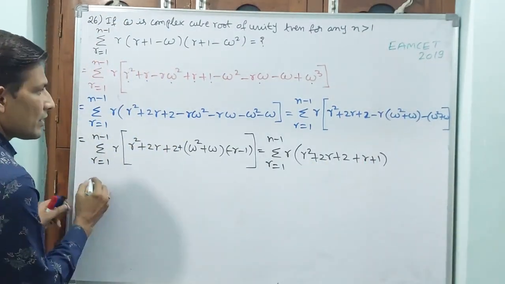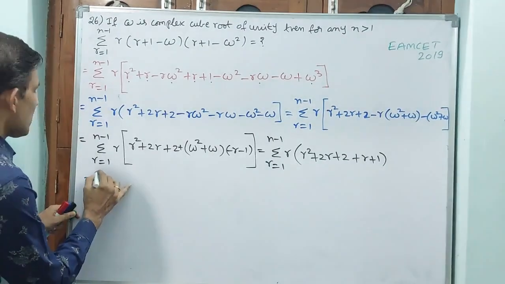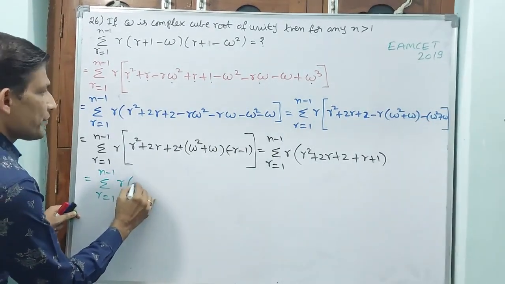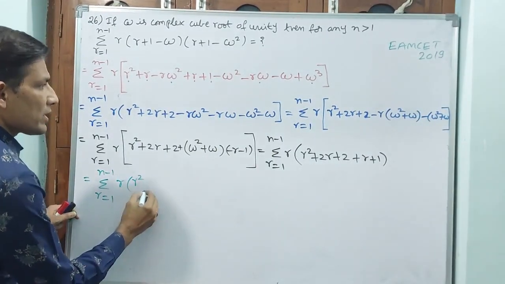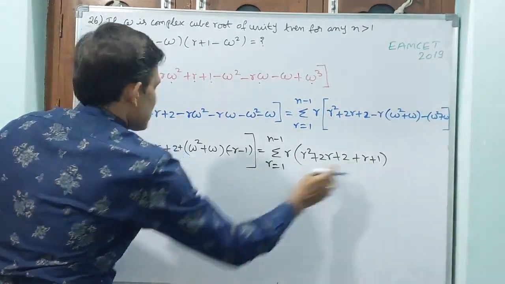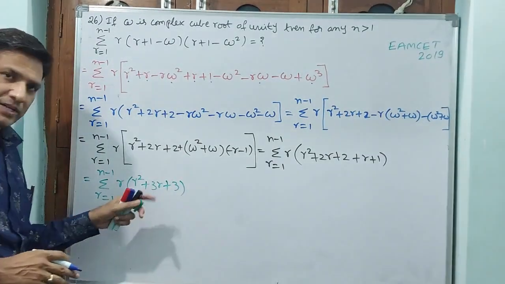Finally, that is equal to sigma r is equal to 1 to n minus 1, r outside is there, r square, 2r plus r is 3r, 2 plus 1 is 3. See, it has come to one shape. Why? Because still we have to send r inside.